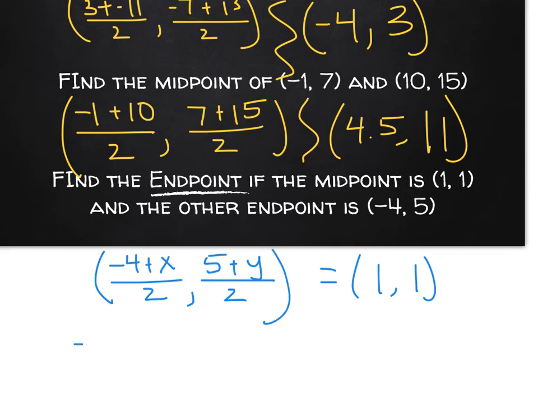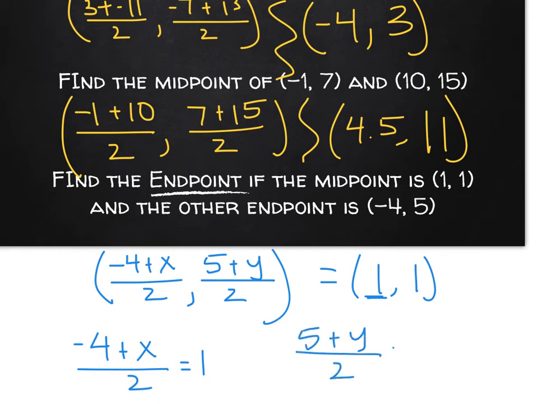So I'm going to set up -4 plus x over 2 has to equal 1, because that tells me that adds up to 1. And I'm going to set up 5 plus y over 2 equals 1.